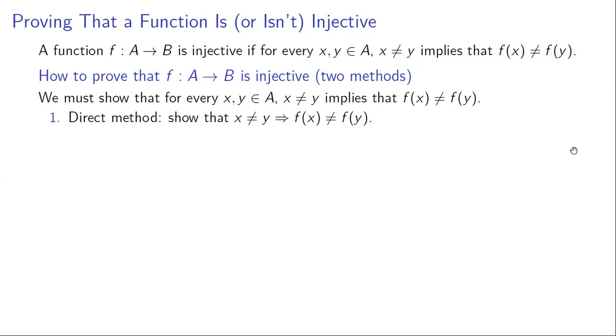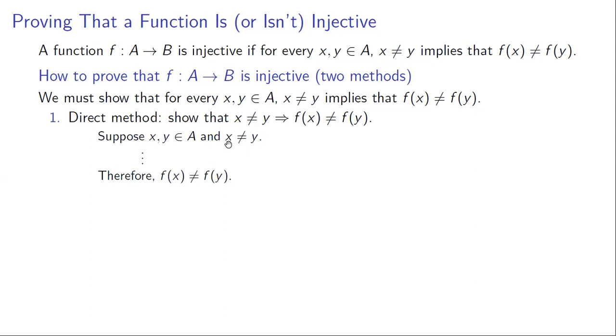So what does that look like? It's a direct proof, right? So we start off by saying, suppose x and y are elements of A, and x is not equal to y. So in other words, we suppose that the if part is true. Then we do some steps in the middle, and then we end, therefore, f of x is not equal to f of y.